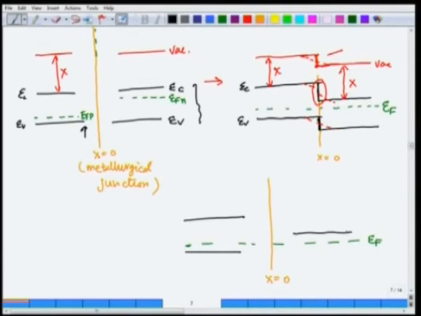I will draw this n type semiconductor, and I will draw these vacuum levels, and this vacuum level a little higher, and stop here. Then I will say that look, what I needed was that the vacuum level should have been continuous.